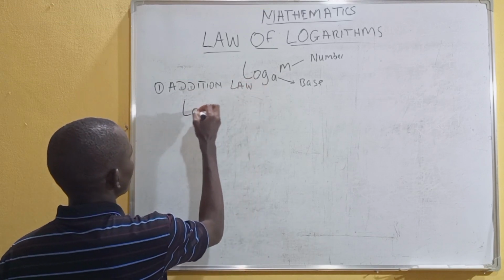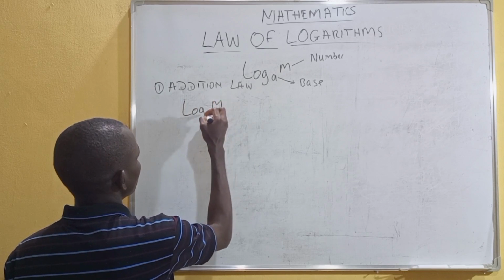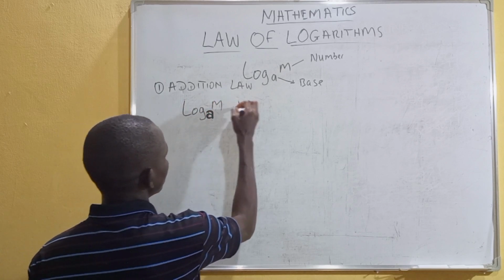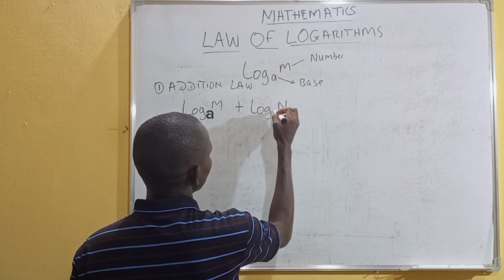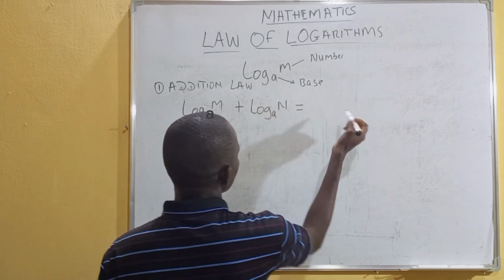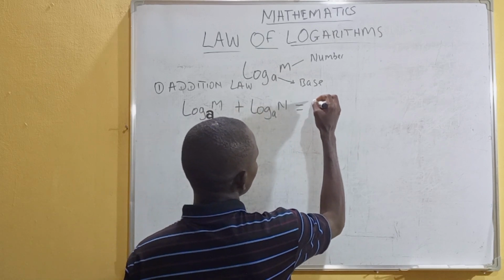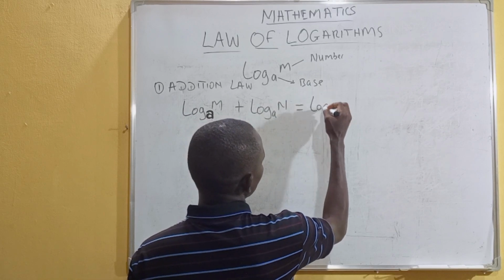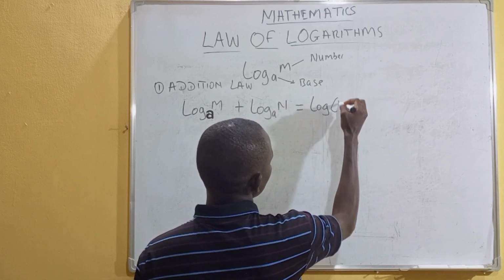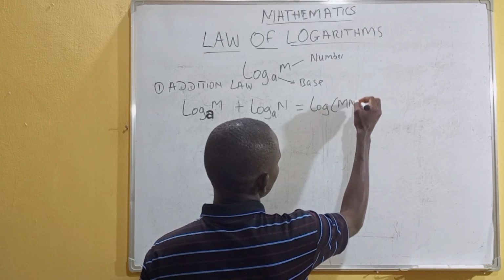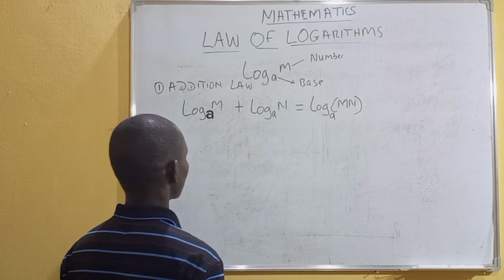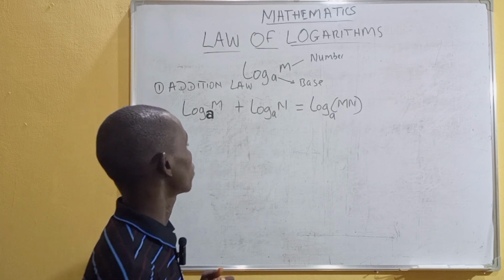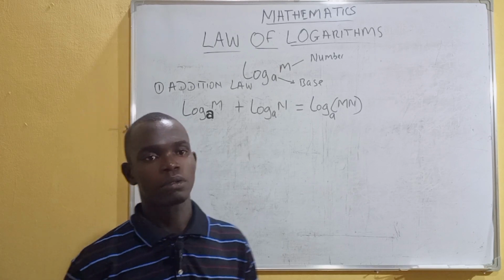If a log of m with base a is added to a log of n with base a, the result will be the product of the two numbers, mn, with a common base a. This is what we call the addition law.